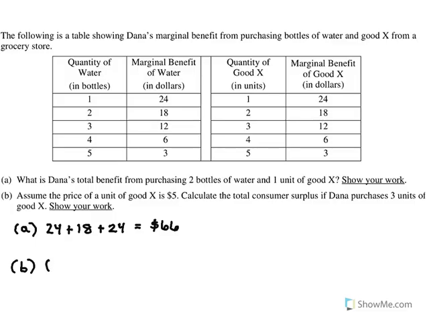So I'm going to add 24 plus 18 plus 12, which is how much I value those 3 units of good X. Then I'm going to subtract out their price, which is 3 times 5. I bought 3 of them, they cost 5 each. If you do this, you end up with $39, which is the value of the consumer surplus. So that's A and that's B.